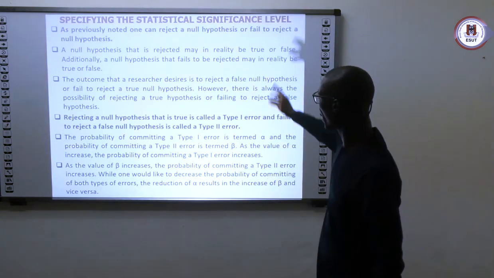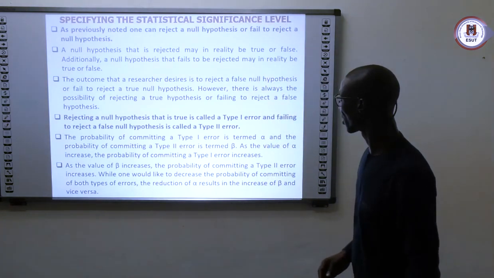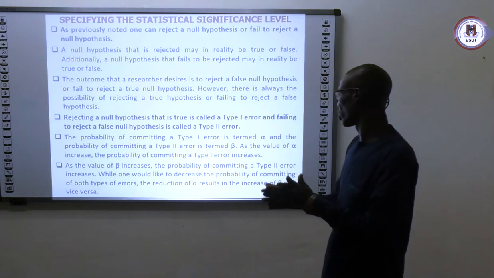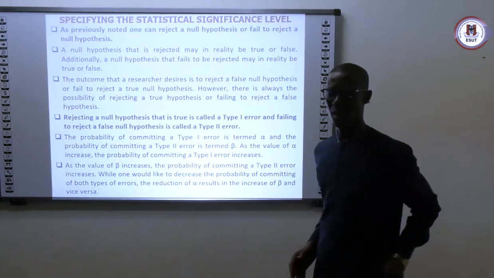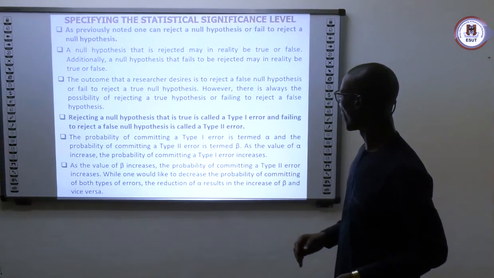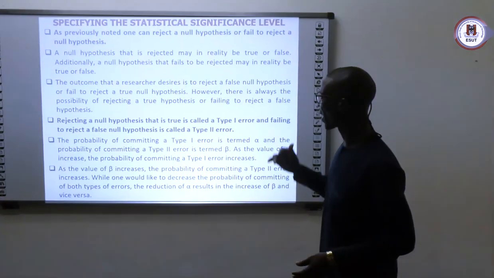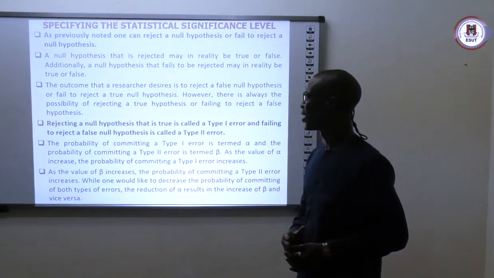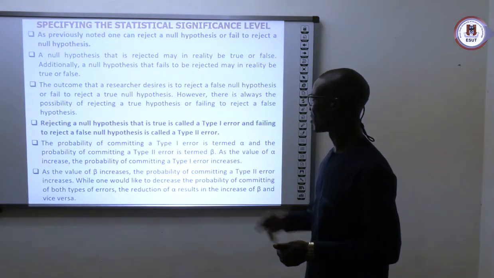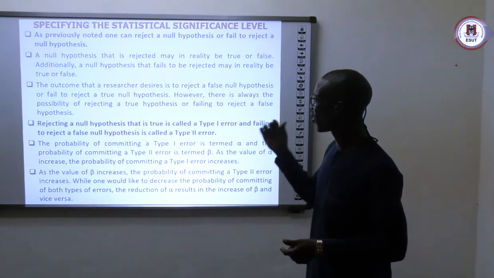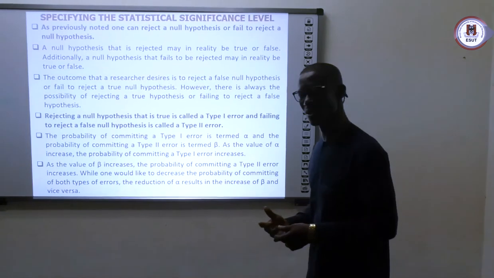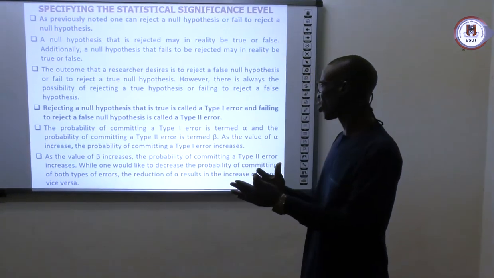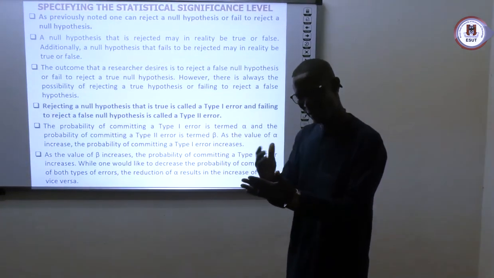So in specifying the statistical significance, we pay proper attention to alpha. We remember that first of all, in stating hypothesis, the null hypothesis matters. And for us to reject the null hypothesis, the decision we take matters a lot.